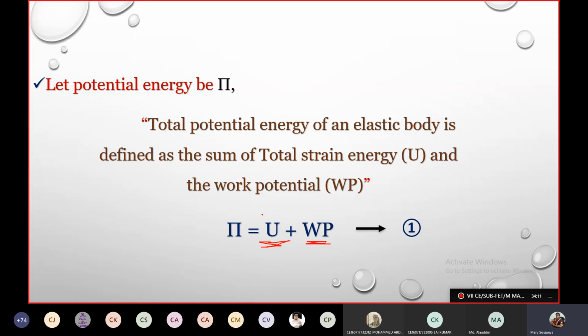So for the structure we are considering, we should be able to define U separately, WP separately, and then combine them together to find the total formulation of the potential energy, how it is taken for the structure. We need to find those two individually. All right, so let's do that. We will find out what U is for the structure separately, and what WP is for the structure separately.